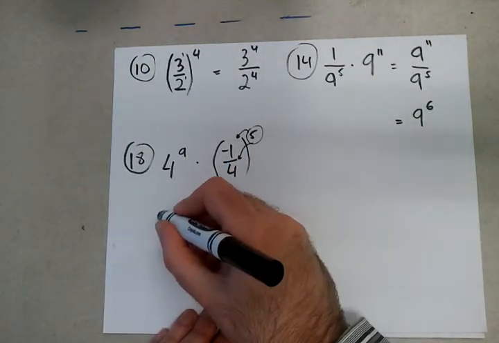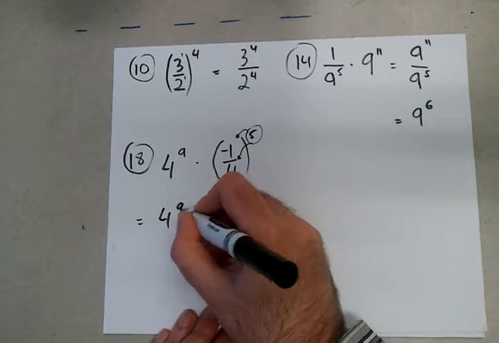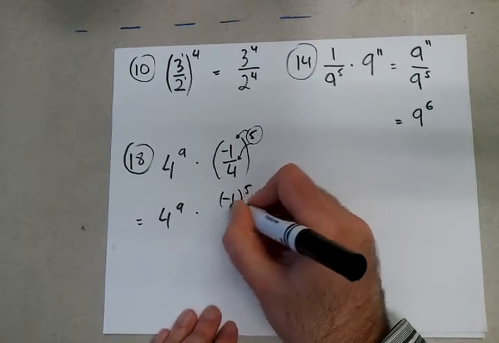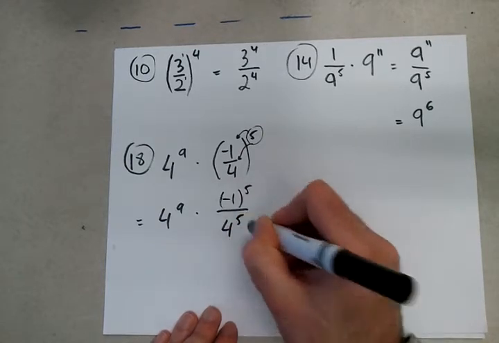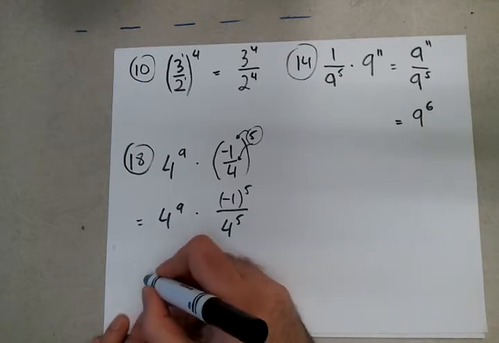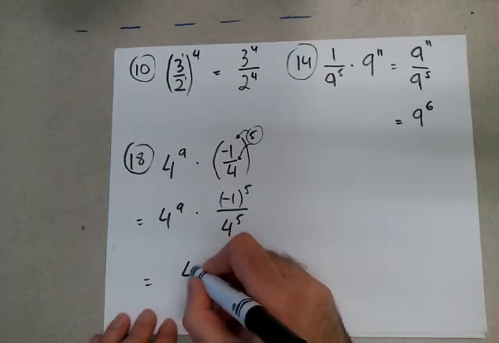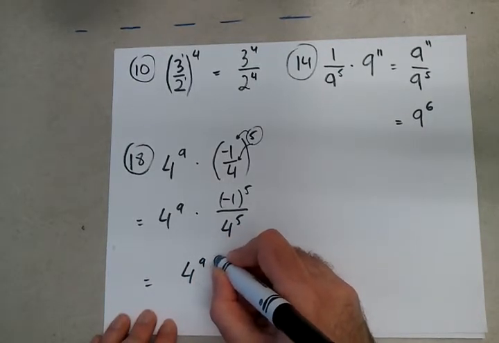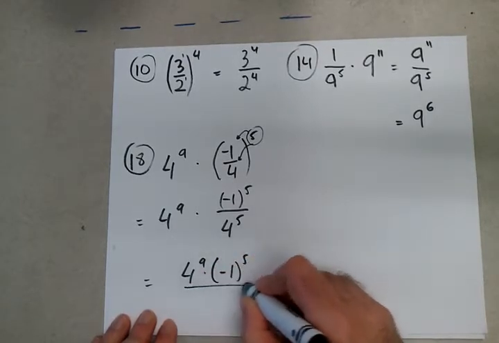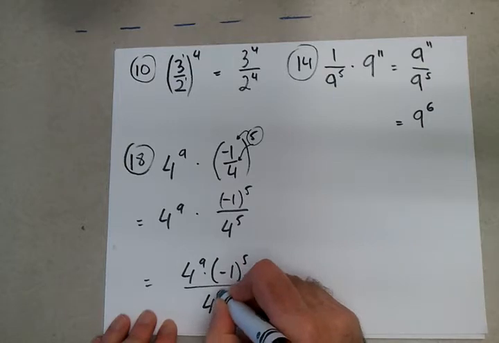So I'm going to rewrite this over here, 4 to the 9th, because that didn't change, times negative 1 to the 5th power and 4 to the 5th power. Now I'm going to rewrite it like this: 4 to the 9th power times negative 1 to the 5th power all over 4 to the 5th power.